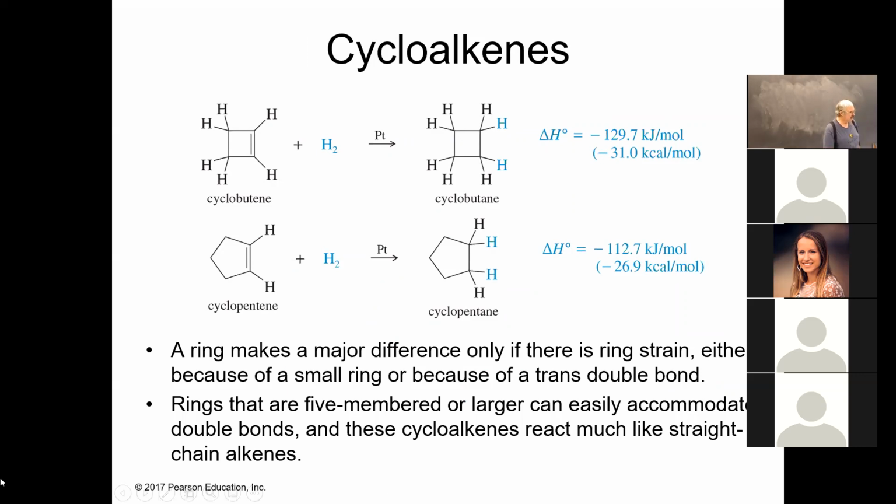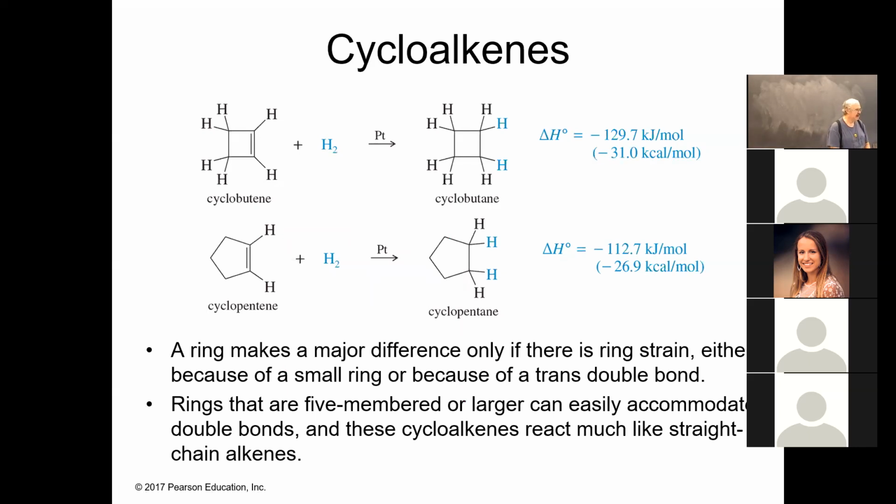This is an important idea. A ring makes a major difference only if there is ring strain, either because of a small ring or because of a strained trans double bond. Rings that are 5-membered or larger can easily accommodate double bonds, and these cycloalkenes will react much like straight chain alkenes.